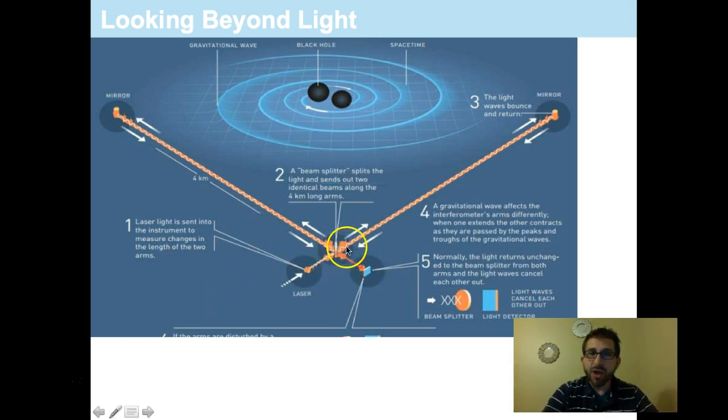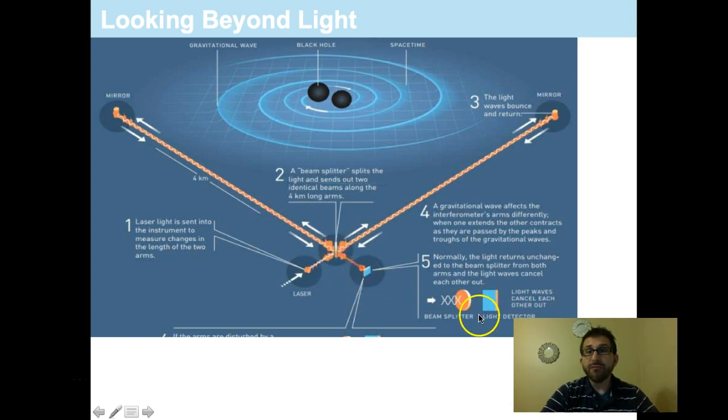Those beams now travel at near the speed of light to the other side of the detector, which is many meters away. 4 kilometers to be exact, 4,000 meters. And as it travels down, it hits the mirror on either end, and then it bounces back, hits the beam splitter again, and is sent to a detector.